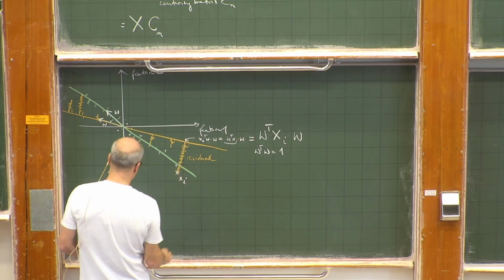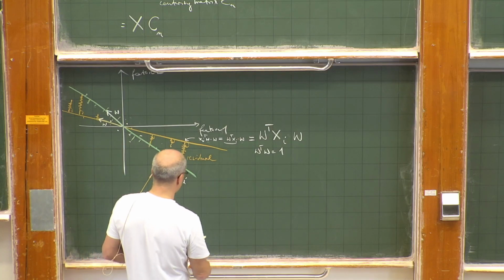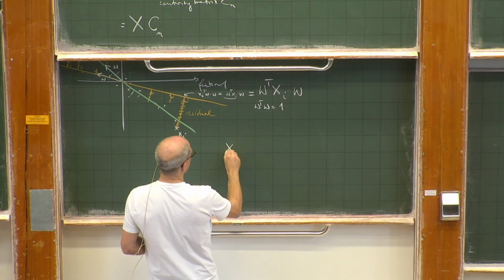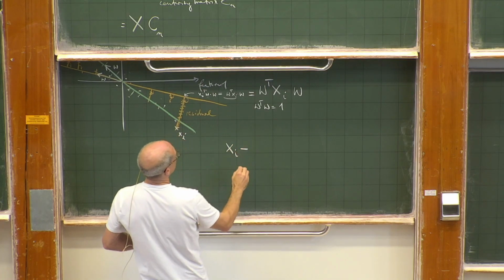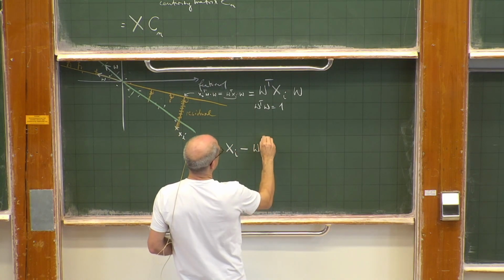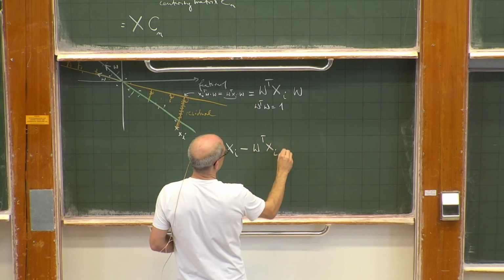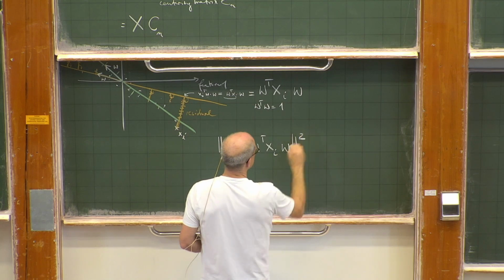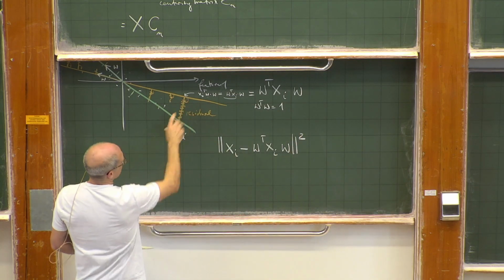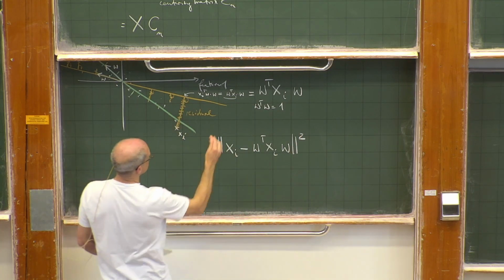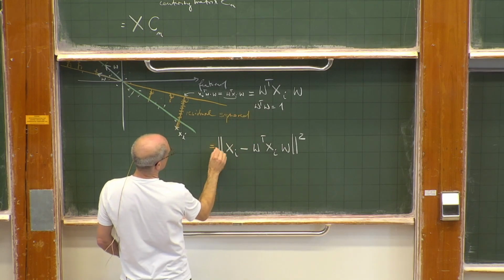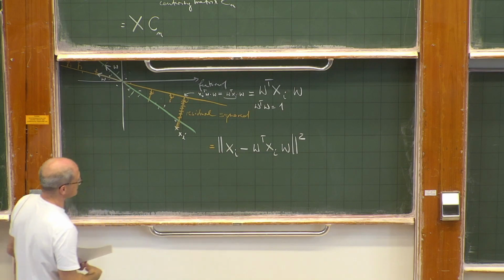Now I will subtract the two and take the square. So I can say that this was xi minus W transpose xi W. Okay, this is now the residual squared. This is the formula here.